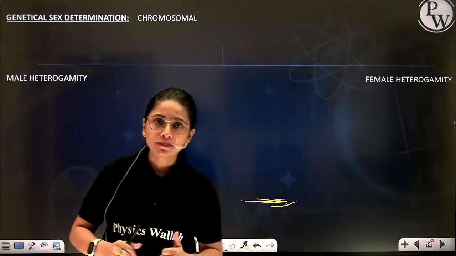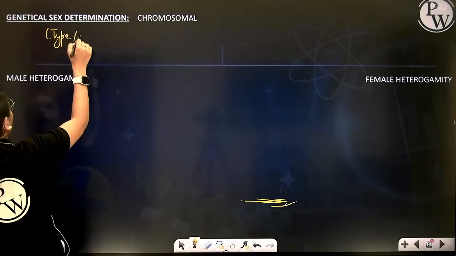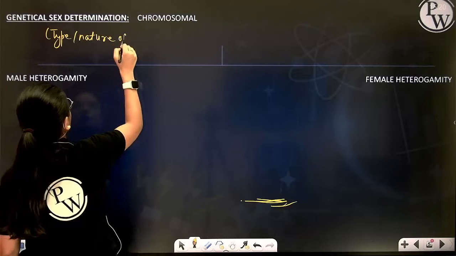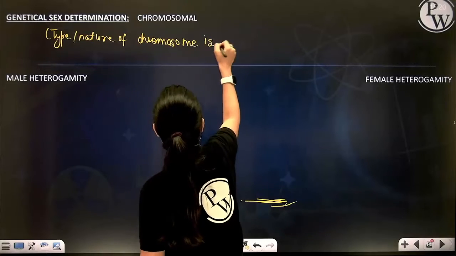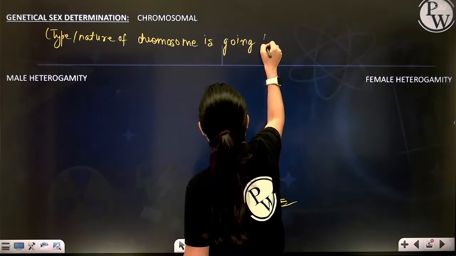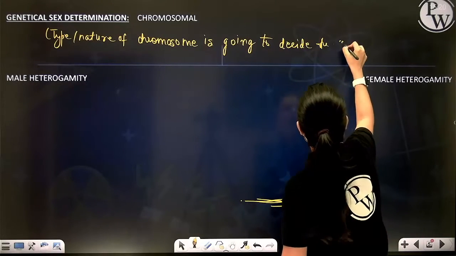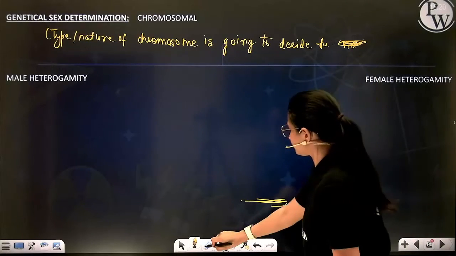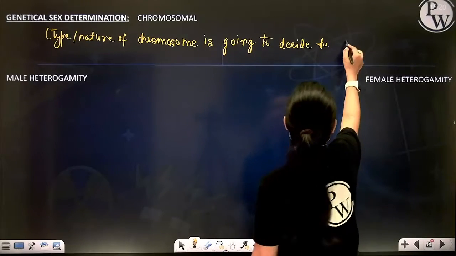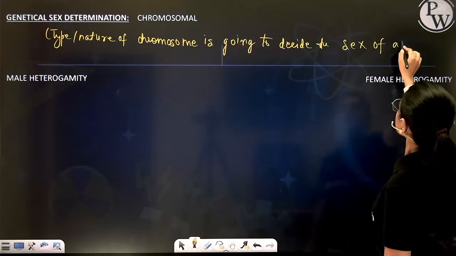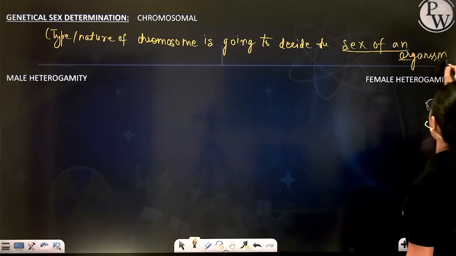That means genetical or chromosomal sex determination means the nature and type of chromosome is going to decide the sex of an organism, right?